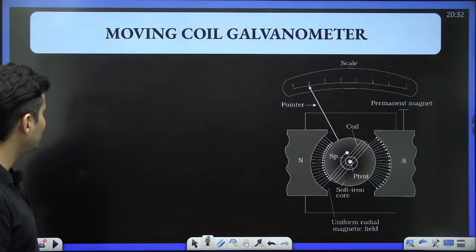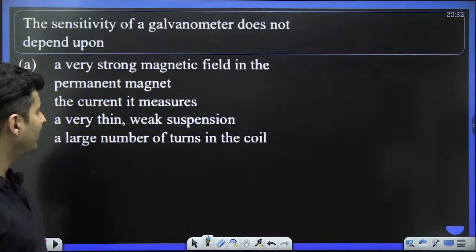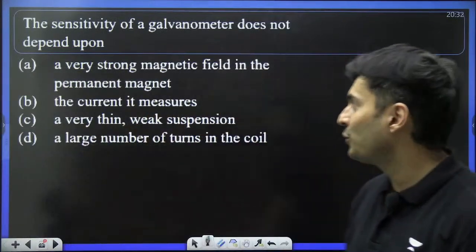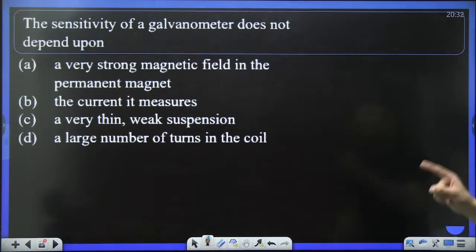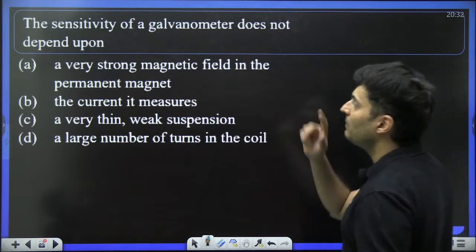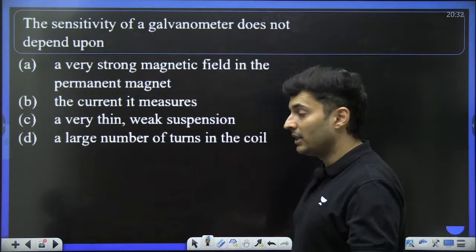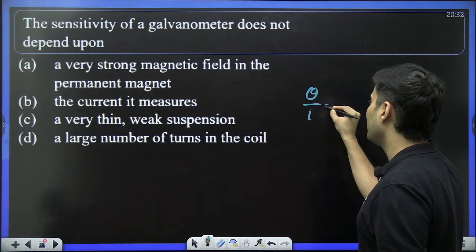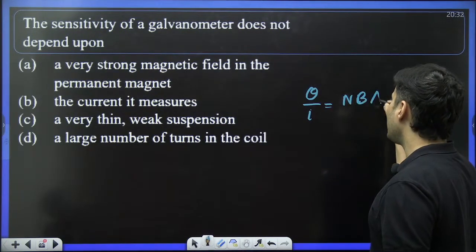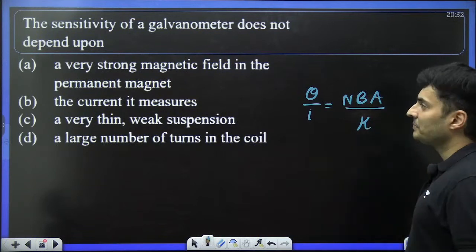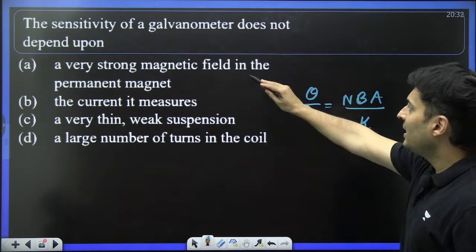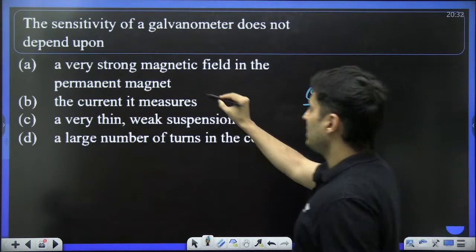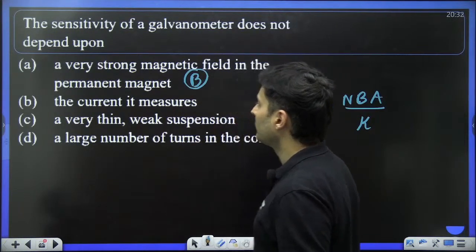So now we can solve some questions based on the galvanometer. Here comes one question. The sensitivity of a galvanometer does not depend on which of these? I just told you the formula: theta by I is nothing but NBA divided by K. Magnetic field B, yes, it does depend on the field.